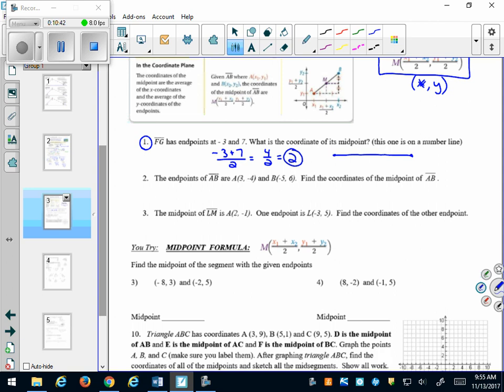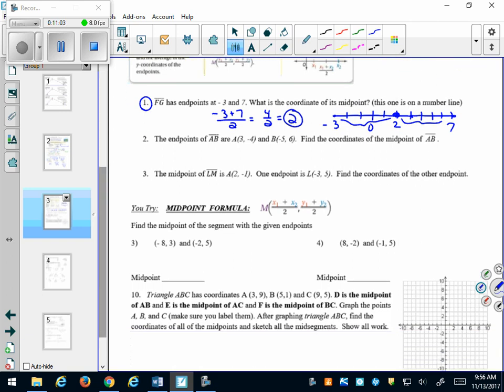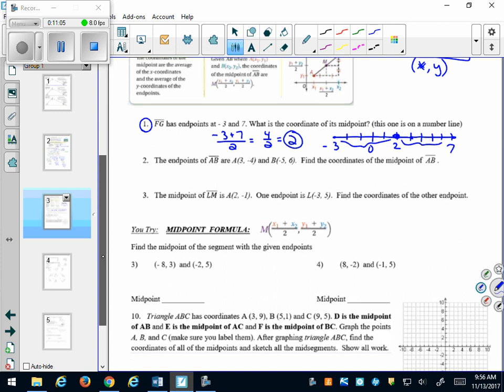This is just saying if you have a point at -3, -2, -1, 0, 1, 2, 3, 4, 5, 6, 7 on a number line, what's the halfway point? Well, it's going to be at 2. That's going to split this in half. Okay, but the second one and the third one are both using the midpoint formula.